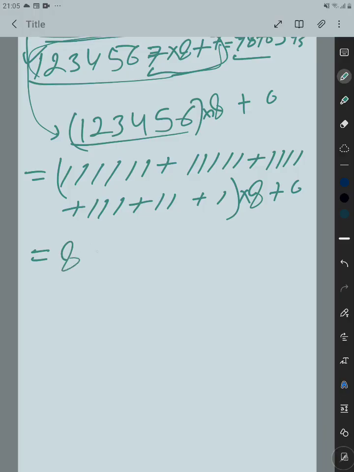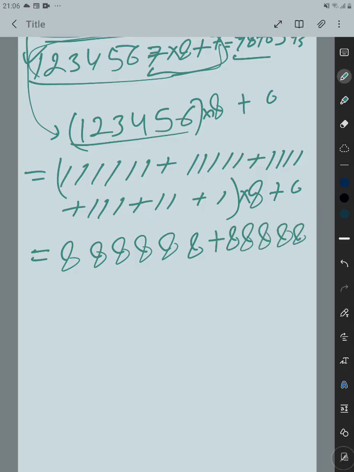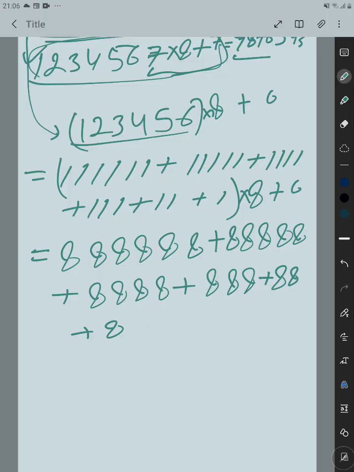88888, then 8888, plus 888 plus 88 plus 8. It is a little time consuming, but we have to do this. This is there and now plus 6 is there.